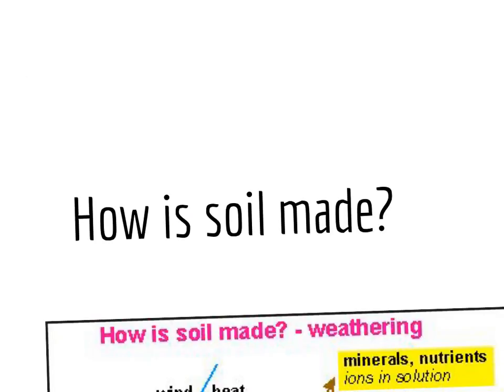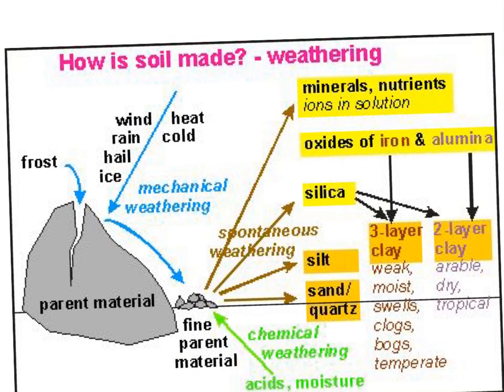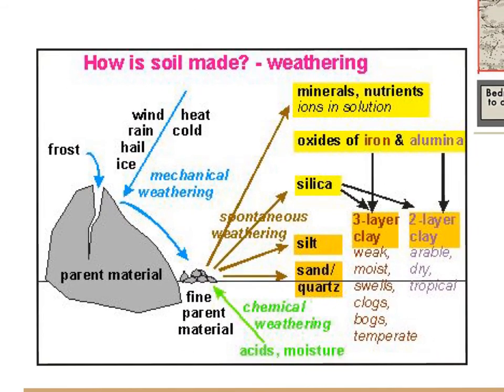So how is soil actually made? There's a couple different components to this. The first component is the actual weathering process. Here you can see you have some parent material. Parent material is the actual rock material, and that parent material is going to get weathered away by physical means, so mechanical weathering, and chemical means.